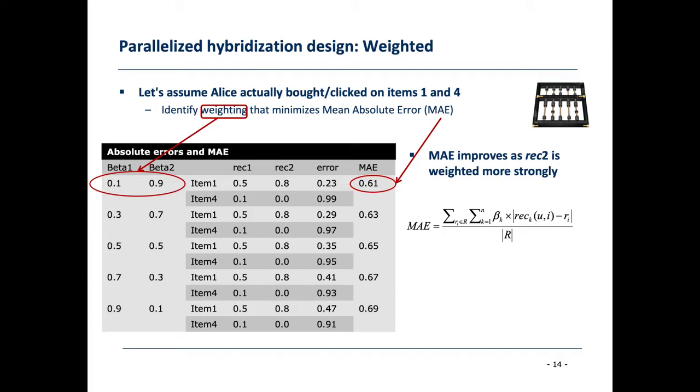So we have a ground truth, and we measure the error against that ground truth, and we can see that in this particular case the weighting value for beta 1, beta 2 of 0.1, 0.9 generates the lowest possible value.